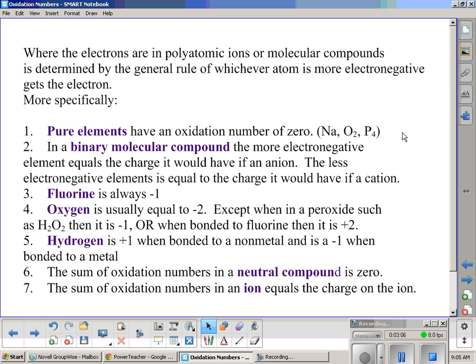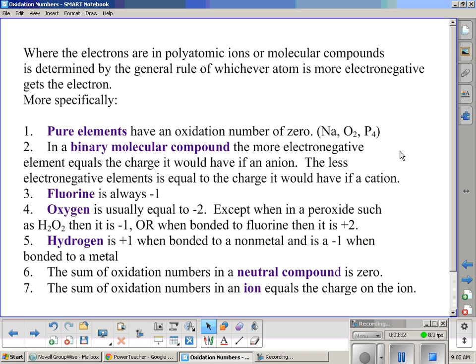If we have pure elements, for example, simply sodium, it's all sodium, nothing else in the compound, its oxidation number is 0. Or if we have oxygen, just O2 or O3 or whatever, nothing but pure oxygen, no other elements involved in there, it's going to be 0. Same for any element, phosphorus, where we've got 4 phosphorus atoms bonded together, the oxidation numbers are 0.